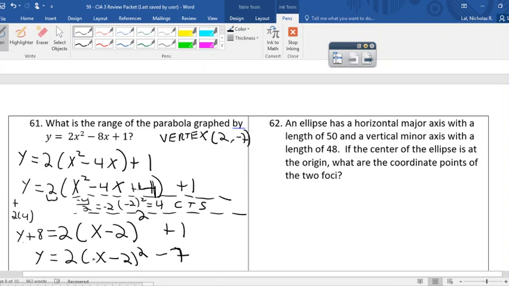So remember, this is x minus h plus k. All right. So that means our range, if this parabola opens up, because our 2 is positive, so it's going to open up. So our range is going to be from -7 to infinity.